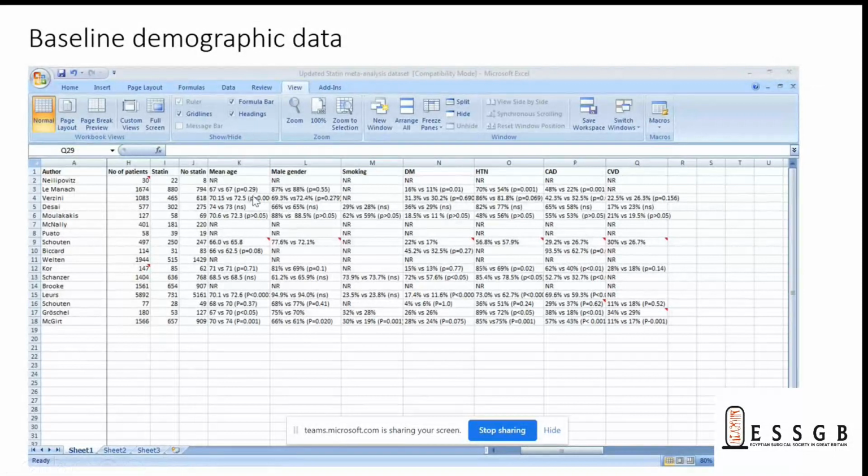So it means that the study populations in this group are homogeneous. But for example, in this group they may not be in terms of gender. So it just demonstrates whether the study populations that you have included in your meta-analysis are basically homogeneous or not.